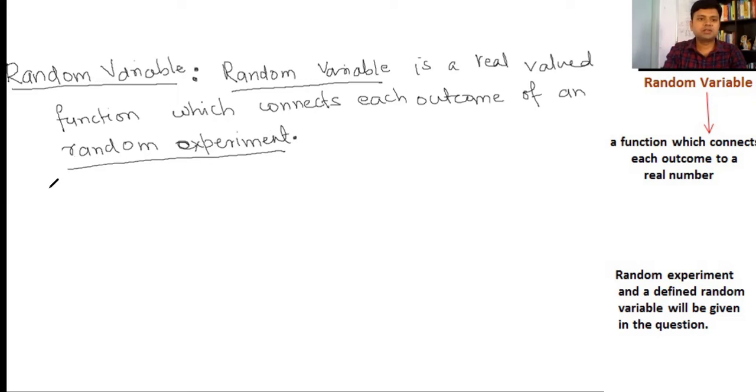So let us take an example. I take the first example. The random experiment is two coins are tossed simultaneously.